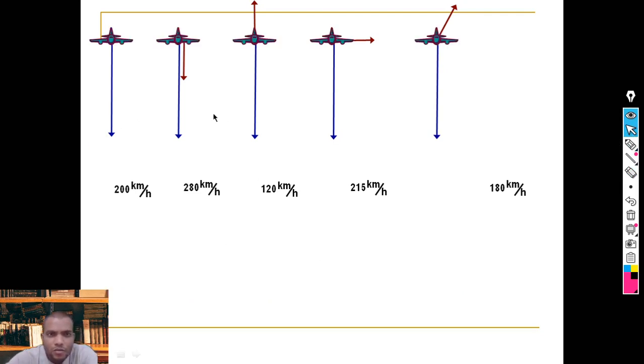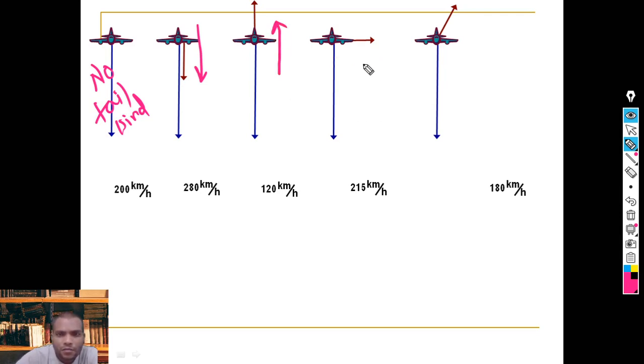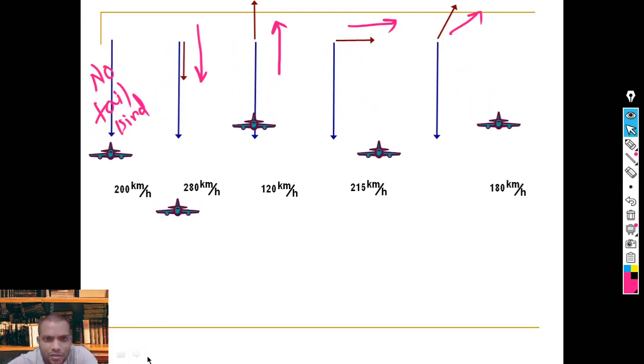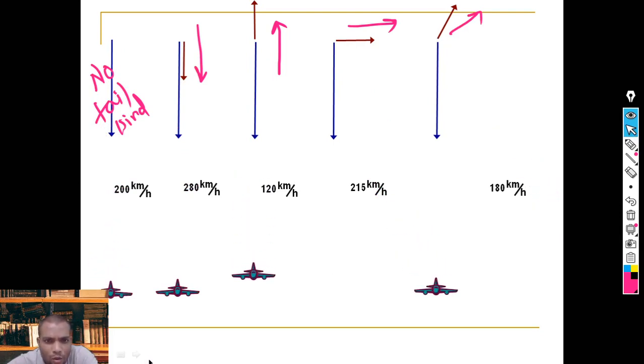Here there is no wind, no tailwind, but here the tailwind is acting in the same direction towards the north, here it is acting opposite to the plane velocity, here perpendicular to the plane velocity, and here you take any one arbitrary angle. So because of the different wind velocities, the plane velocity changes.